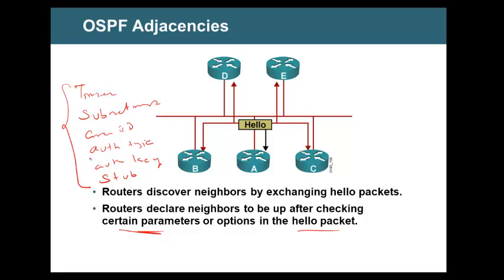Authentication type, authentication key or authentication string, these are all mandatory, should match. If any one of these is not matching, the neighborship won't come. All right, there are many other things we see in the hello packets. One is router ID, which should not match. Router ID should never match. If it is matching, that is a problem.